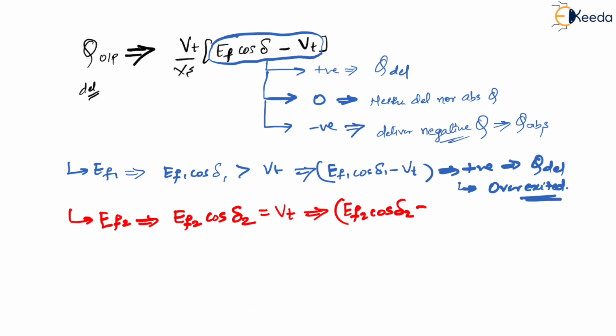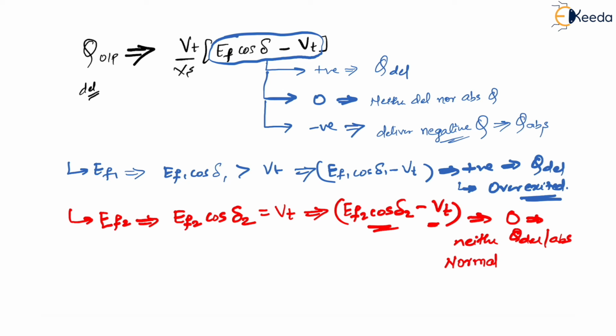EF2 cos delta 2 minus Vt should be what? If both of them are equal, it is going to be 0. So can I say that reactive power is neither delivered nor absorbed? Till now we have not talked about something called normal excitation.